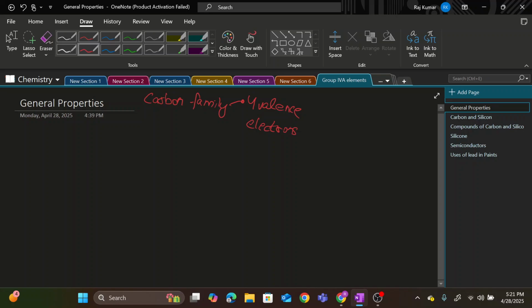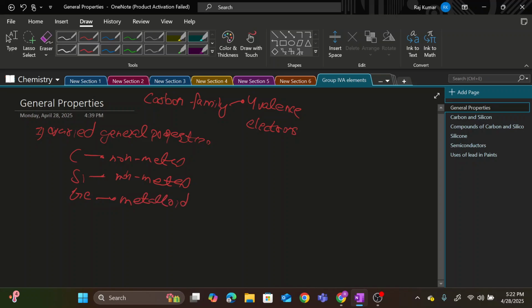We will find a lot of different things. Number one is that they have varied general properties, such that carbon is a non-metal, silicon is a non-metal, germanium is a metalloid, and tin and lead are metals.